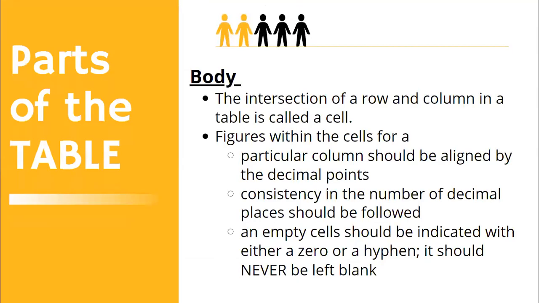Now, the body should contain the figures within the cells. Usually this is aligned by the decimal points, and consistency in the number of decimal points should be followed. An empty cell should be indicated with either a zero or a hyphen. It should never be left blank.